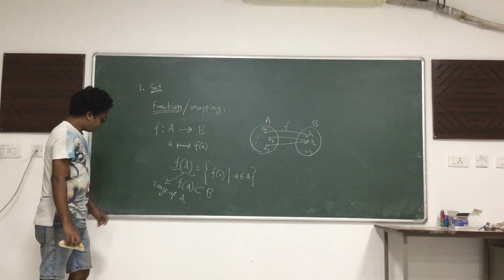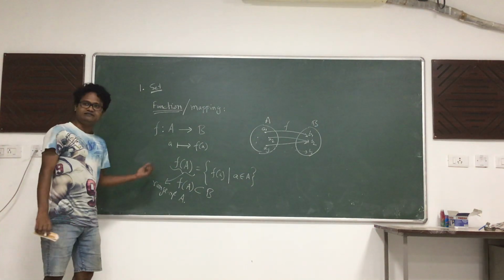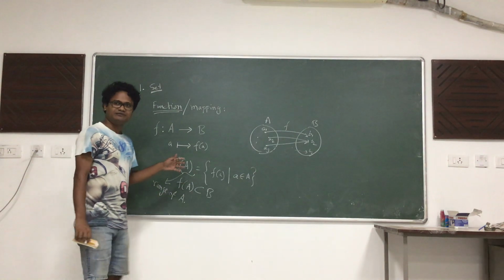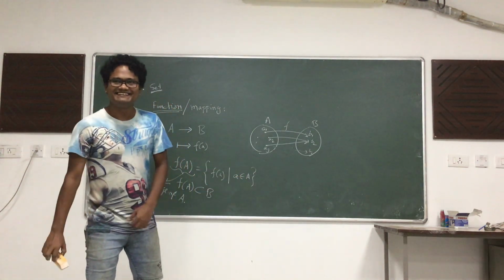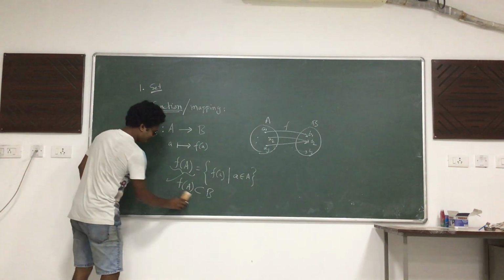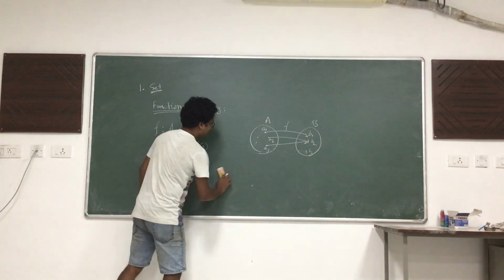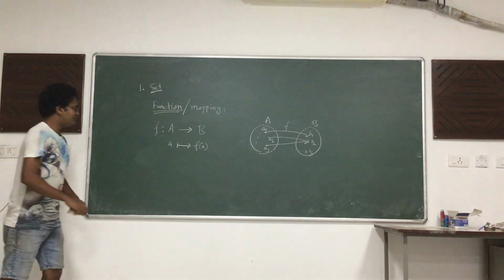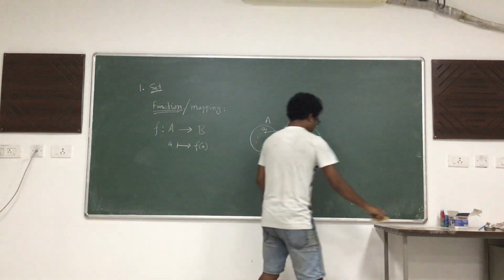By the way, I am now confused about range and codomain. Is that correct, whatever I say? I'm not sure. One is called codomain. Okay, fine.